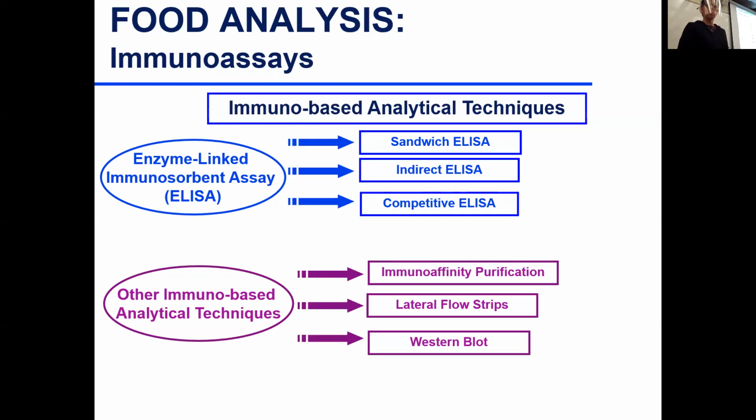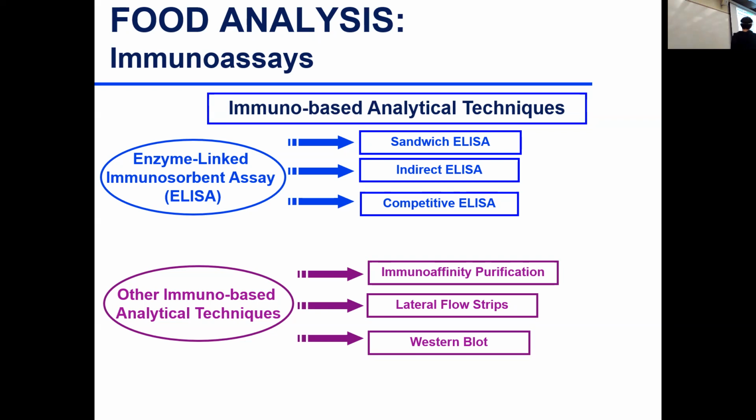Immunoassays started by using radioisotopes. They would use the iodine isotope and link it to an antibody, and then the antibody binds to the antigen, and then they measure the isotope by radiation, radioactive detection.